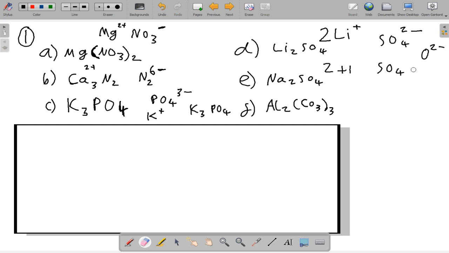And for aluminium carbonate, Al is 3 plus and carbonate is 2 minus.